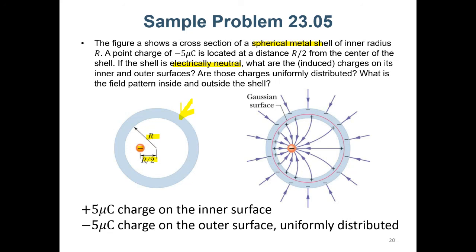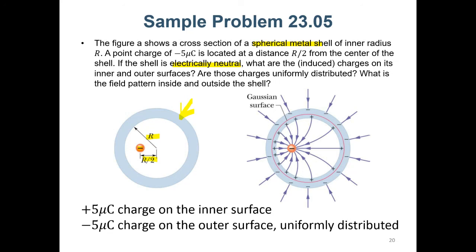And actually, for the inner surface, the charge will not be equally distributed. For this side, it will be more dense, and it will be less dense at the other side. It's hard to tell why.